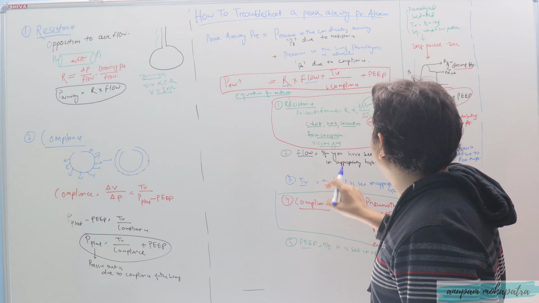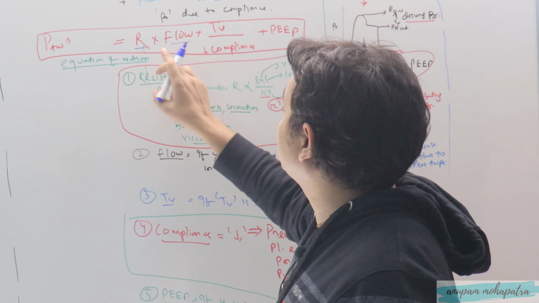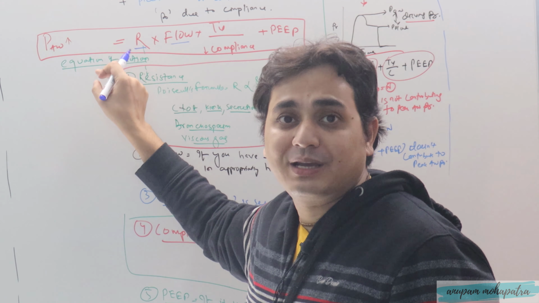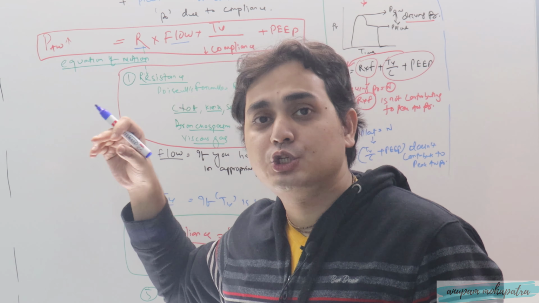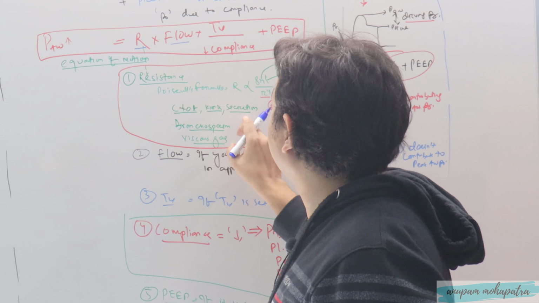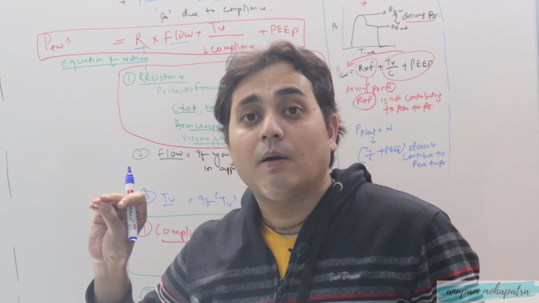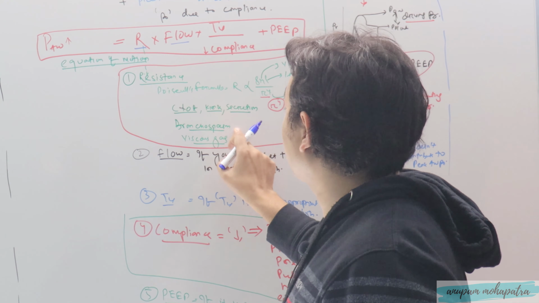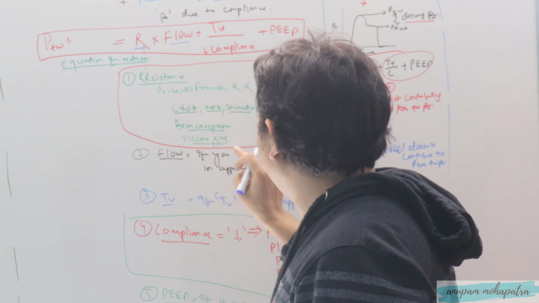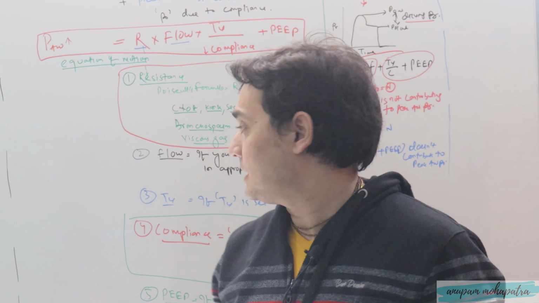For example, if it is a small size tube, we can increase the size of the tube, we can put another tube of bigger size. Clot or secretion can be removed. Kink can be taken care of by using an oral airway. Bronchospasm, nebulize.